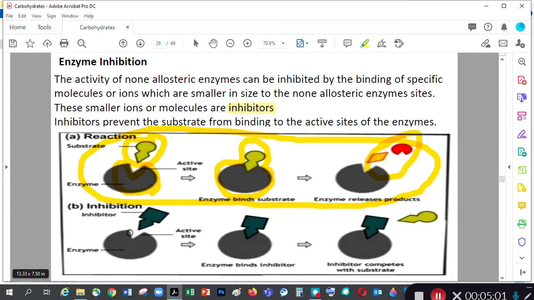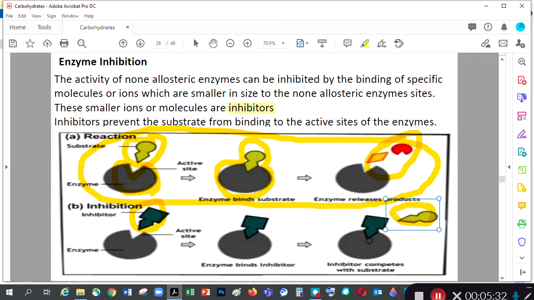Now with inhibition, we have an inhibitor that will compete with the substrate. The inhibitor will come and take over the active sites and block them. So the substrate cannot come and react because it's excluded, because the active sites are already taken by the inhibitor.